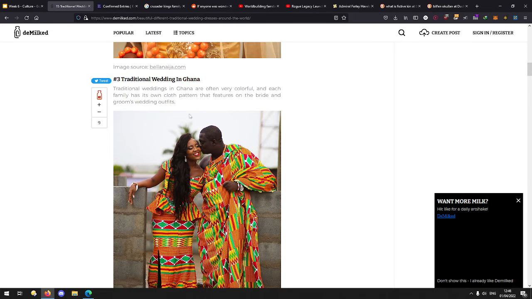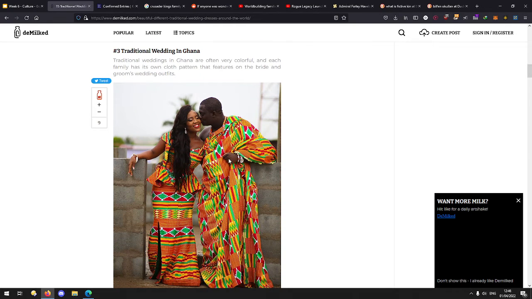So, for example, traditional wedding in Ghana, and this is very interesting because this is colorful. It conveys a different motion and emotion, but it also says each family has its own cloth pattern. This is very interesting because this means clothes as a material is very important there.